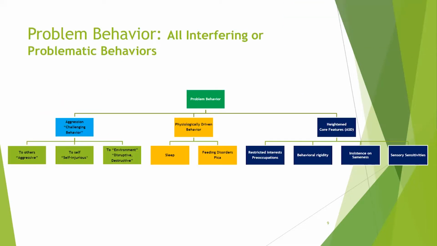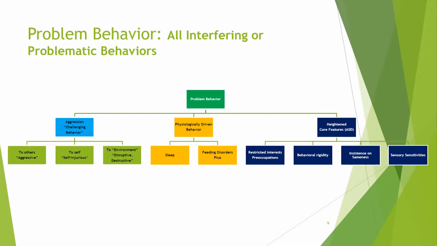One approach that some people have taken is to designate all interfering or problematic behaviors as problem behavior. And these can be classified into three categories. One is the aggression, or what used to be called challenging behavior. The second is physiologically driven behavior. And third is heightened core features of the diagnosis, for example, in autism spectrum disorder.